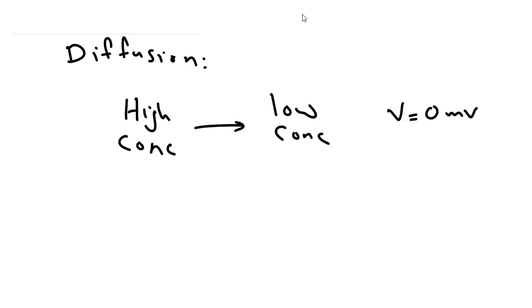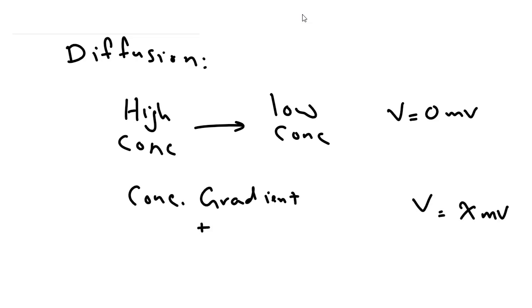But this definition fails when the membrane potential is not zero, because then you have to take into factor both the potential gradient and the concentration gradient, right? So if the membrane potential is some number x, then you have to not only worry about the concentration gradient, but also the potential gradient.